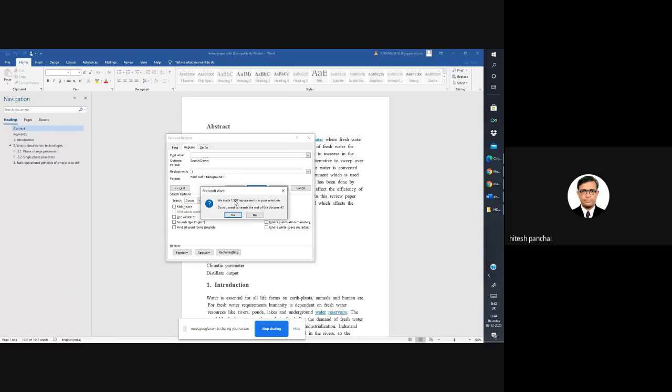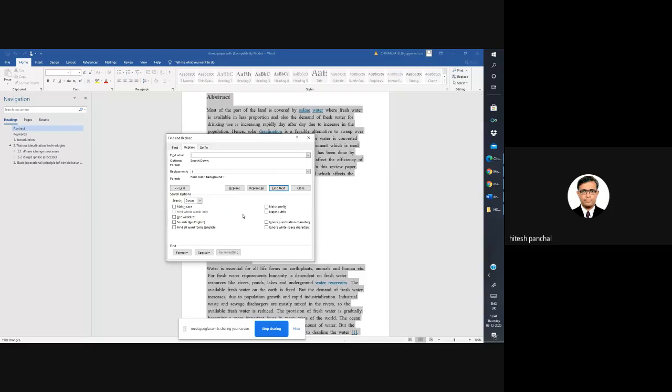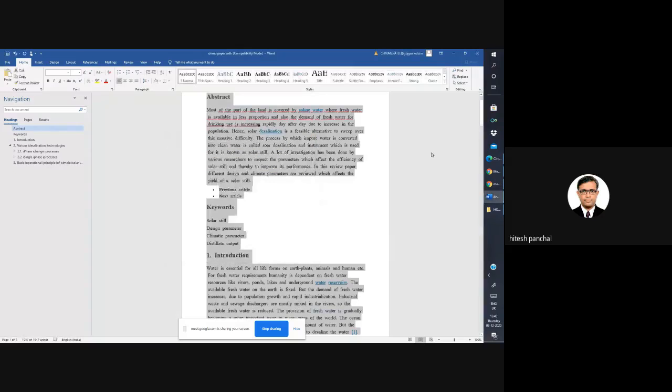You can see around 1909 replacements in your selection. Now you can see the replacement started.